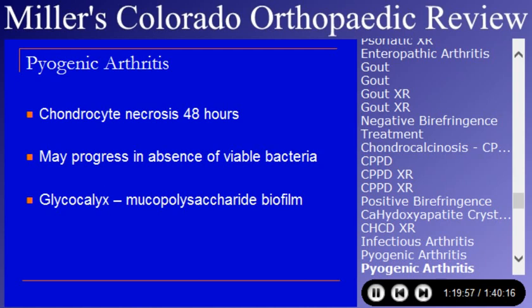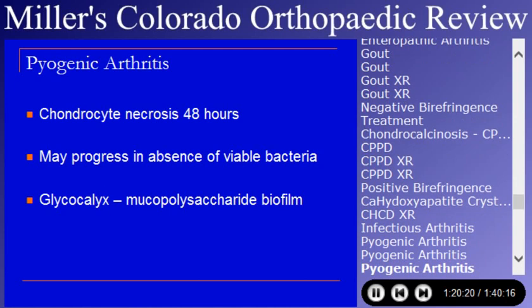It may progress even in the absence of apparently viable bacteria. Remember the glycocalyx again. It doesn't necessarily require a metallic surface, and occasionally extensive synovectomies will be done on patients who have recalcitrant pyogenic arthritis.